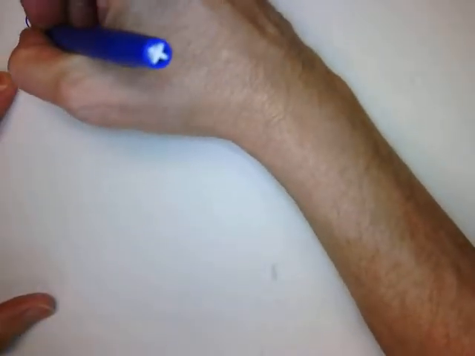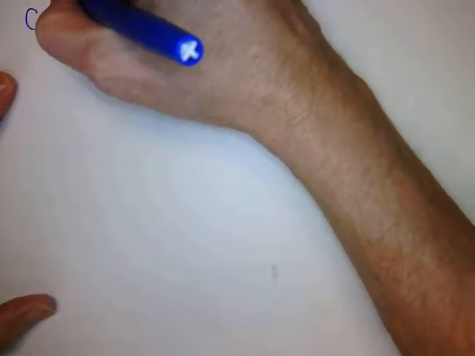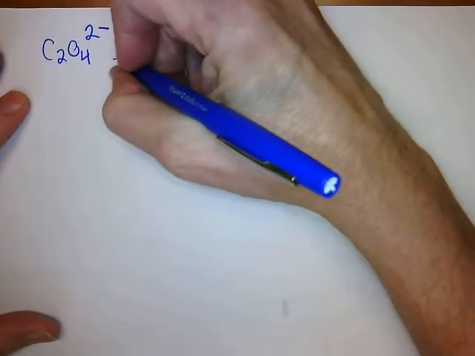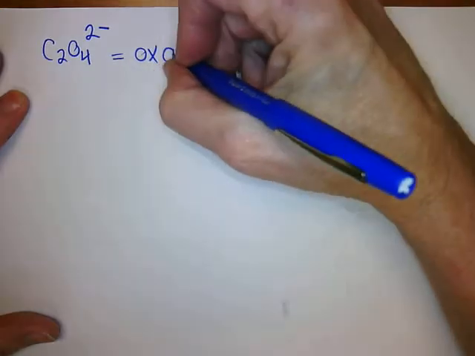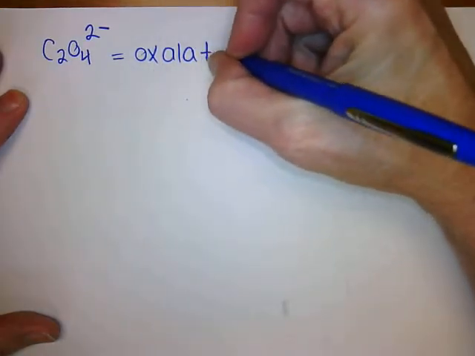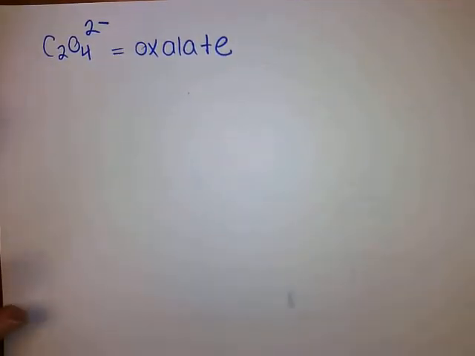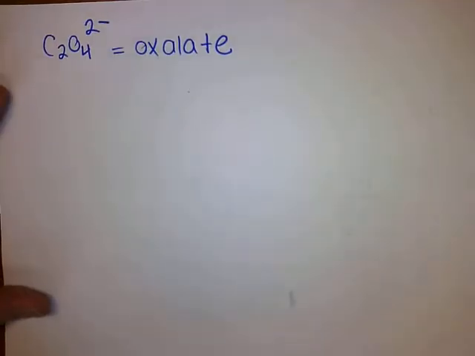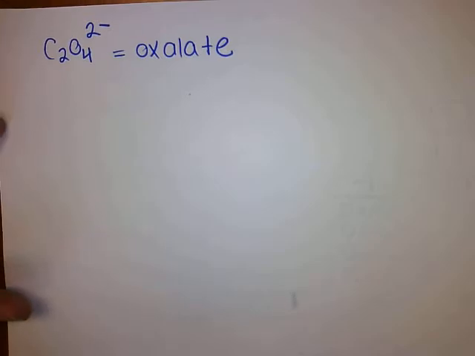Now let me show you a couple more quick examples here. What if you had something like, let's say, oxalate? You might not ever have heard of that ion before. That's the oxalate ion. Okay, now let's figure out the oxidation number of the carbon.